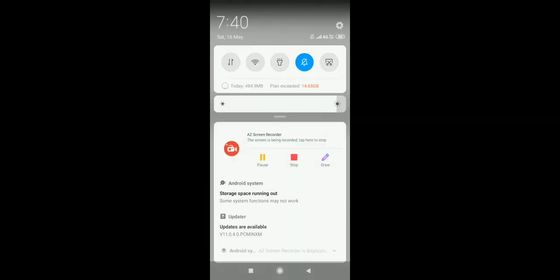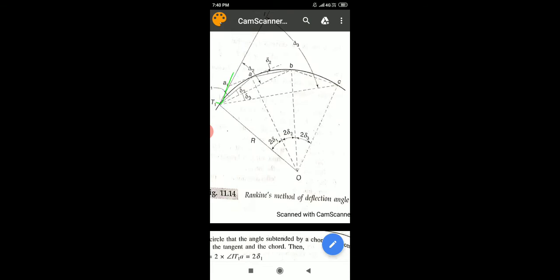So see here, I will explain it with the figure. The deflection angle to any point on the curve is the angle at the point of curve between the tangent and the chord from the point of curve to that point.